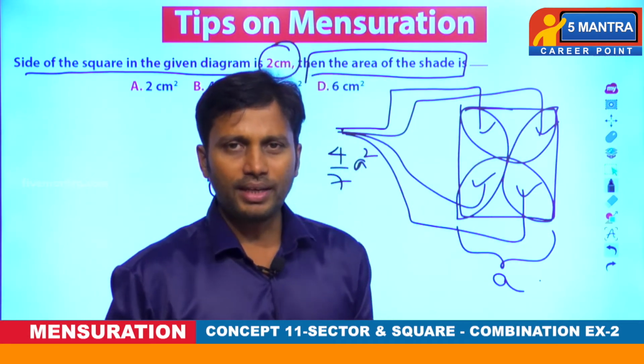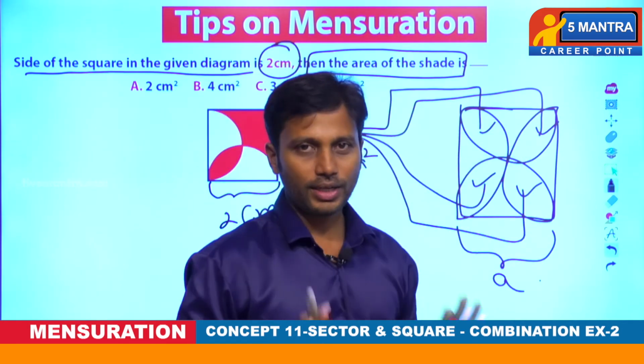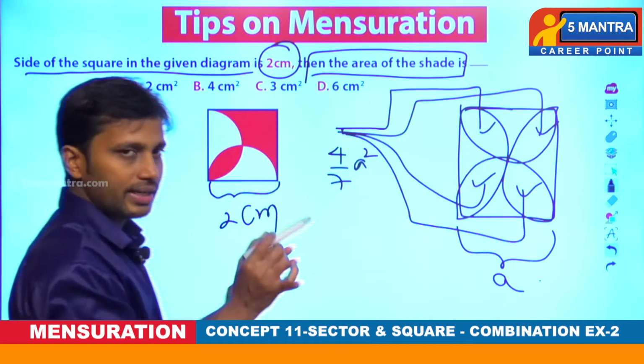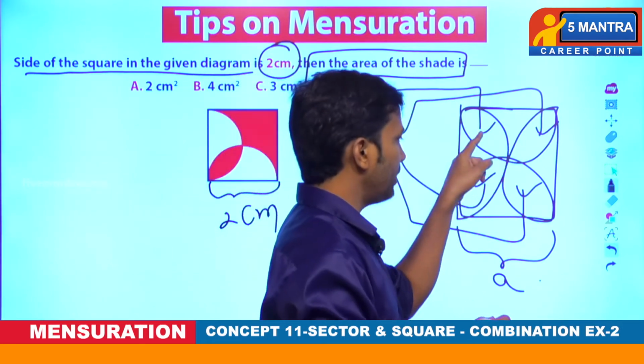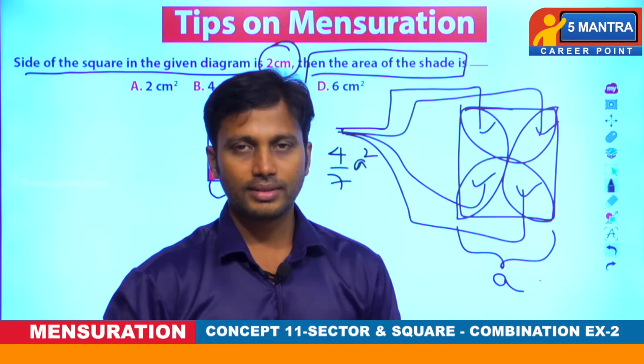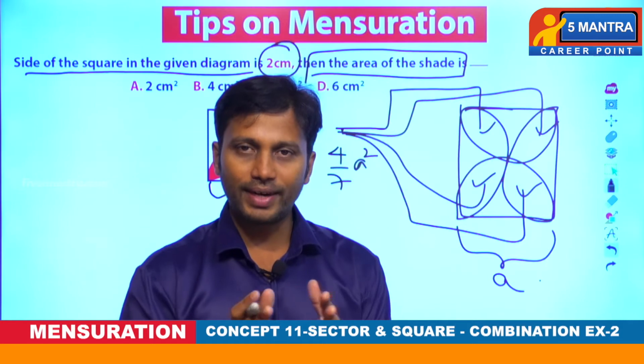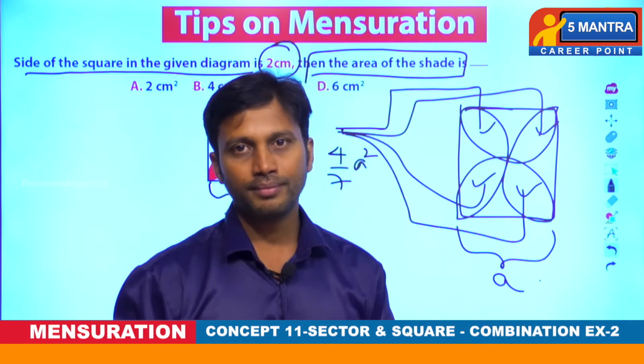Now tell me, according to the geometrical shape, actually I couldn't draw it equally, I know that. Here all the 4 petals are equal or not? All the 4 petals are of equal size. That means the total area of 4 by 7 a square should be divided equally among them.